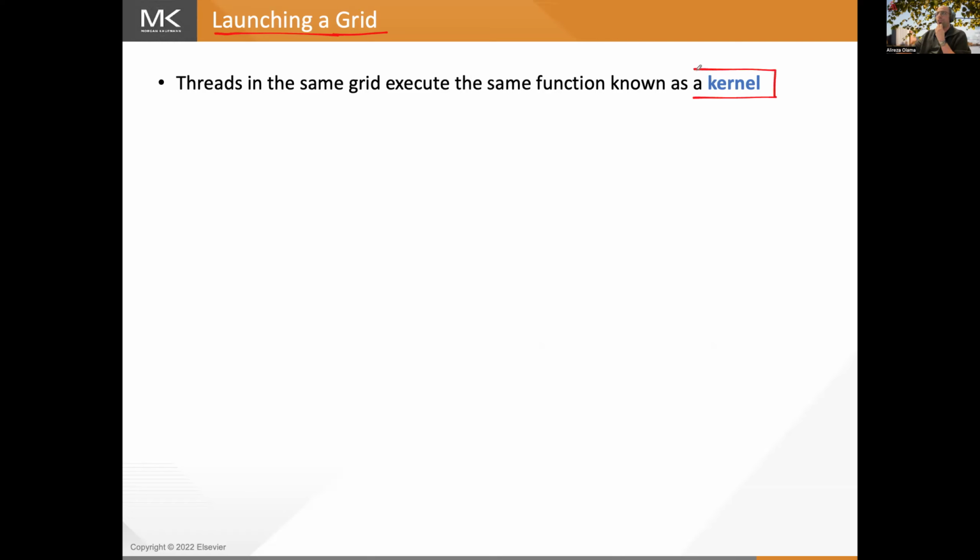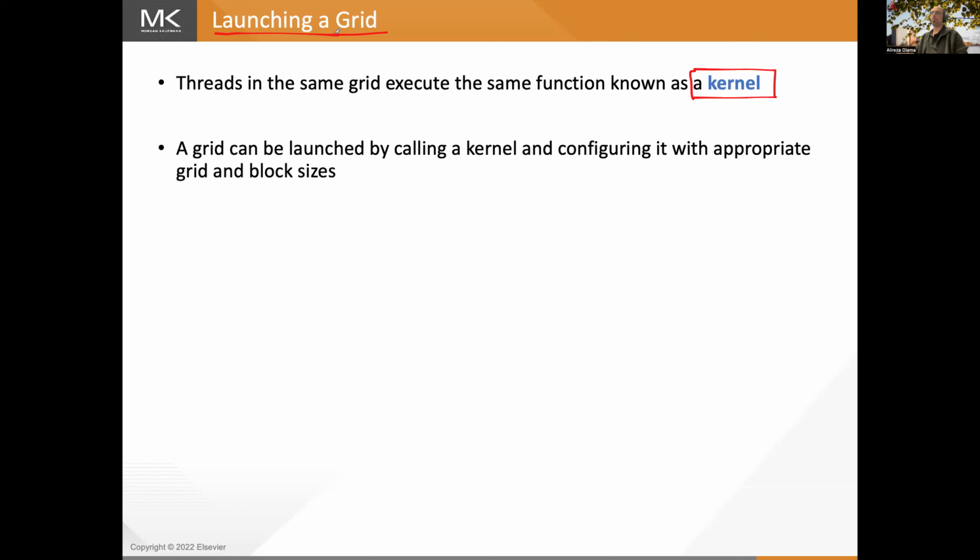And this kernel function, as I said, which is a typical C or C++ function, is executed by all the threads within this grid of threads, right? So you define an appropriate block size and the grid size, and then you define a kernel function, and this kernel function is executed on all threads that you define.